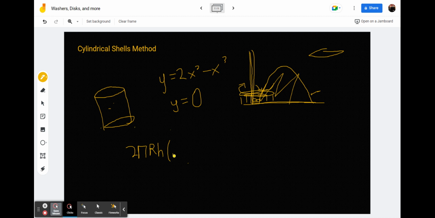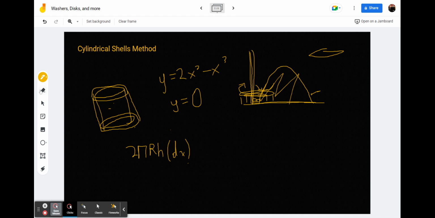Now, if we extend that and multiply by a small width, a small thickness, which in this case I'll call dx, even though it's not always dx, we'll end up with the small hollow cylinder. So in this case, what we're doing is building a hollow cylinder around the shape.